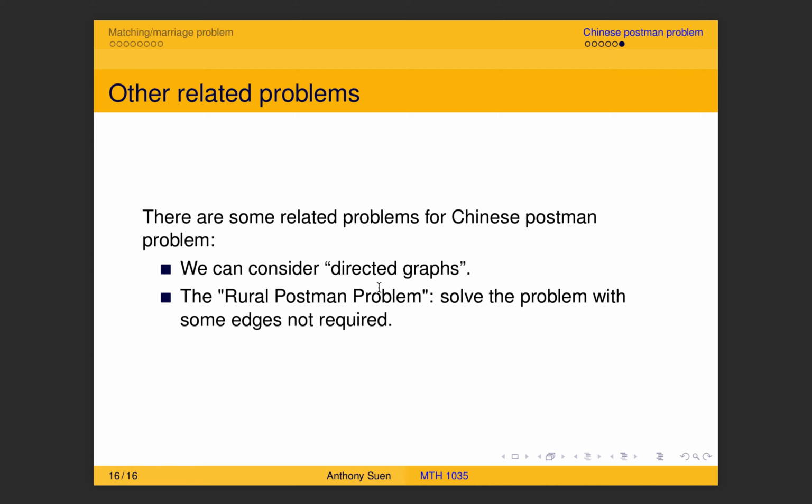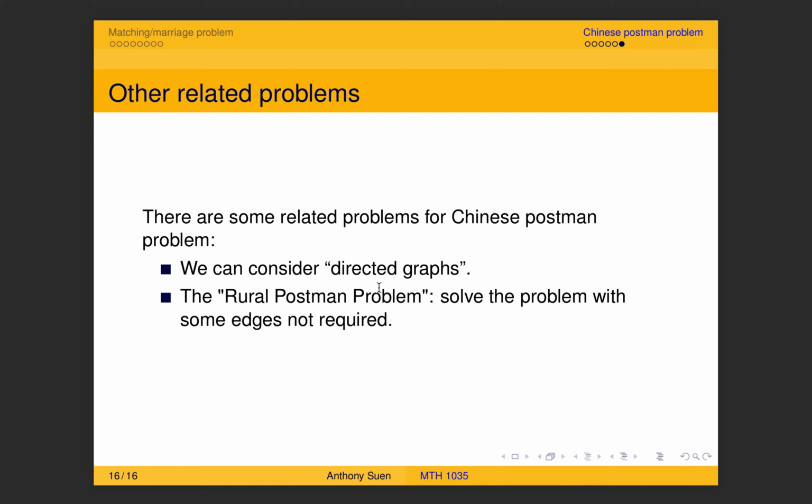That makes the problem a little bit more complicated, but as I said, it's not as crazy as the directed graph, because for a directed graph you have to follow the direction. But here, you just have to avoid some edges. Anyway, those are some restrictions, but the key method is still the same. You still follow the same method to solve the problem.